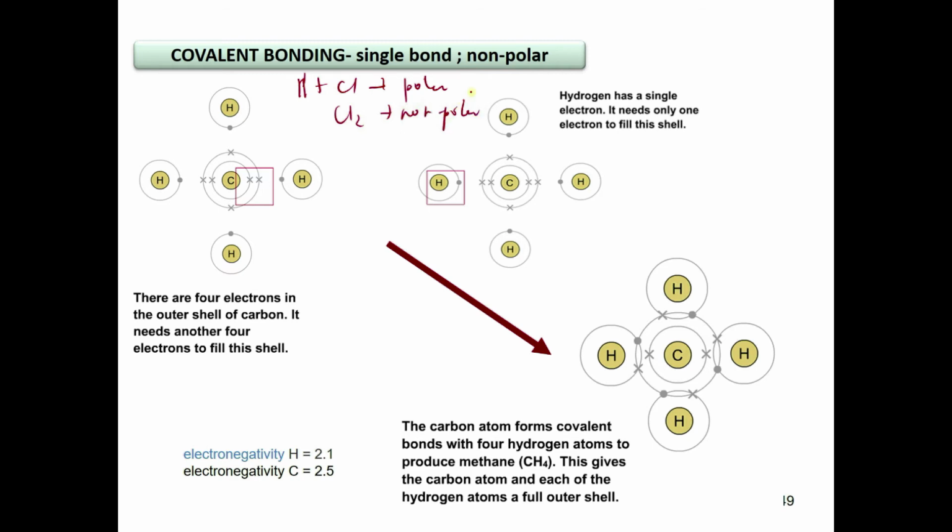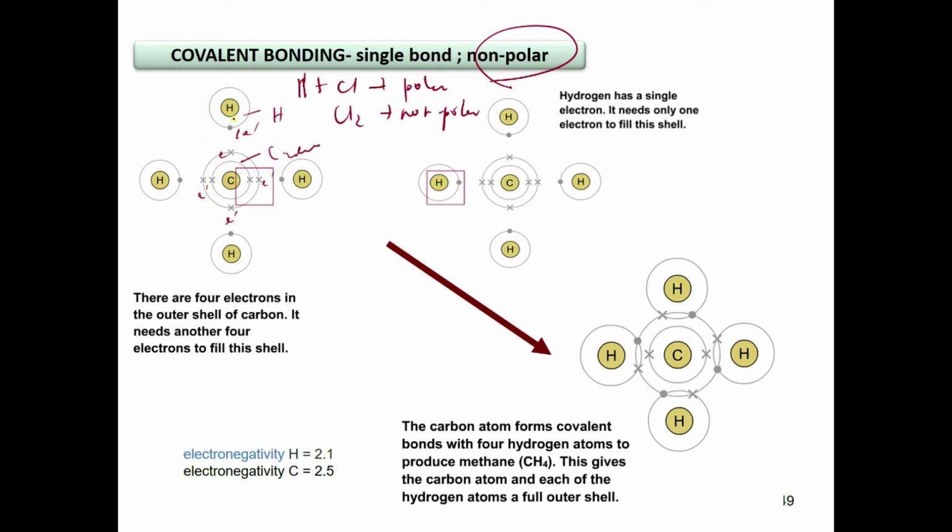But here we want to see another example, methane, where methane actually produces a single bond but non-polar. So you see, methane involves two different atoms, hydrogen and carbon. From the electronic configuration, you will find that hydrogen has only 1 valence electron, meanwhile carbon has 4 valence electrons at the valence shell.